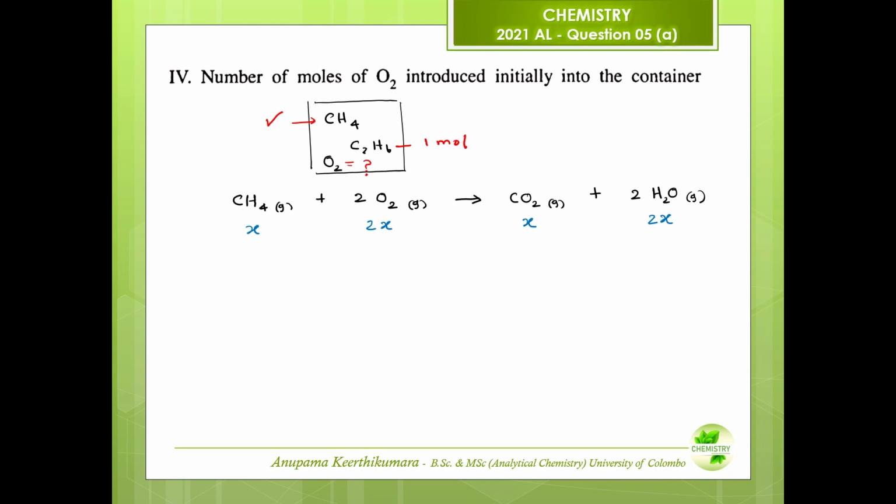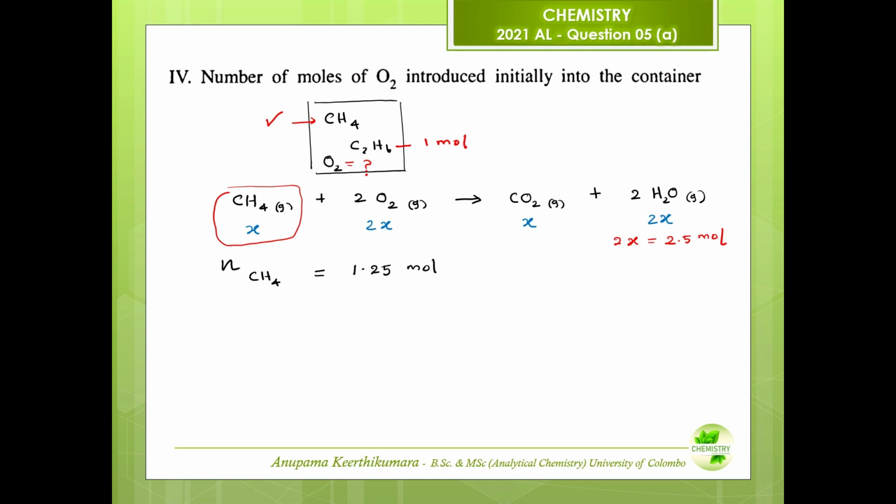The number of moles of H2O gas produced from the complete combustion of CH4 has been calculated earlier. Therefore, 2x equals 2.5 moles. From that we can calculate the value of x. It's half, and that is the number of moles of methane initially present in the mixture. Therefore, we can write the number of moles of methane in the initial mixture as 1.25 moles.